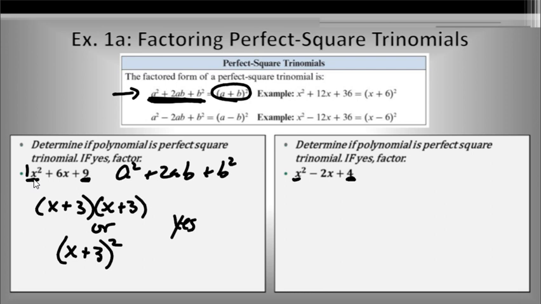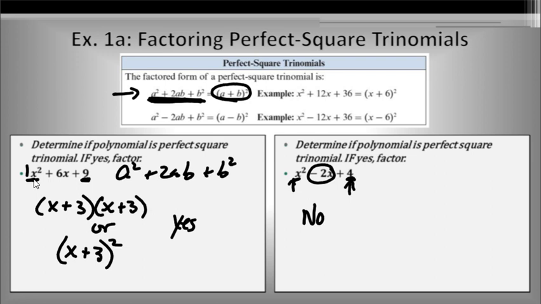If I took it as a negative 2 plus a negative 2, that is a negative 4. This middle term is a negative 2. So just because this term and this term are perfect squares, the middle term does not make sense for it to be a perfect square trinomial. So no, we can't solve this one.